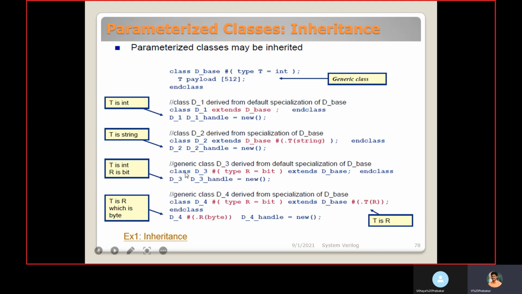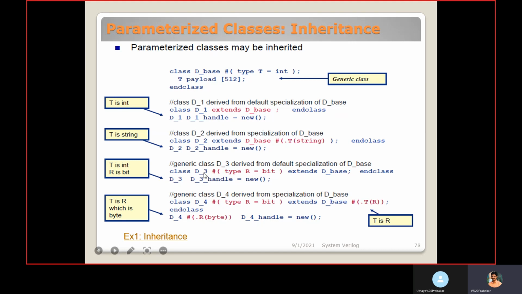Then the next one is class D3 with type R equal to bit, extends D base. So from this D base, I am extending a class D3. While extending, I make R equal to bit.